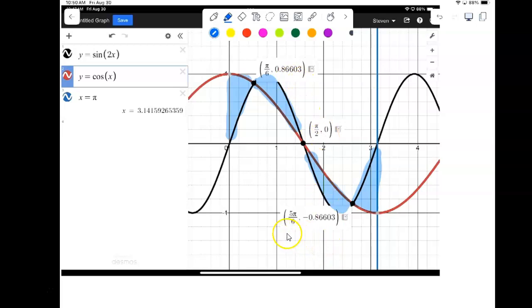Okay, so what we notice here is, first of all, again, red graph, cosine is on top for the first part. Then sine's on top. Then cosine's on top again once we pass pi over 2. Sine's on the bottom. And then finally, sine is on top again for the last little piece there from 5 pi over 6 to pi. And the red graph cosine is on the bottom.